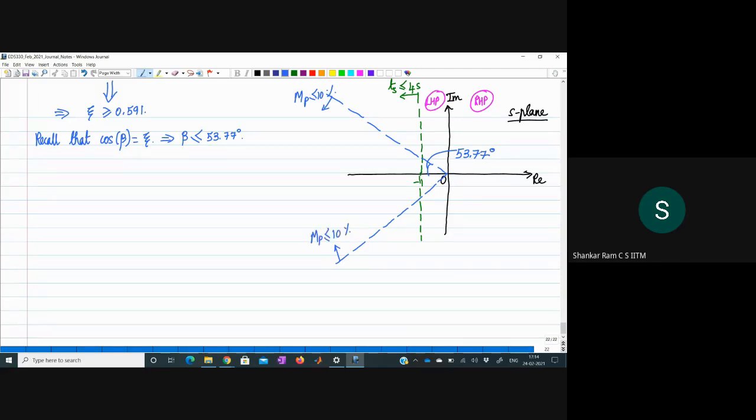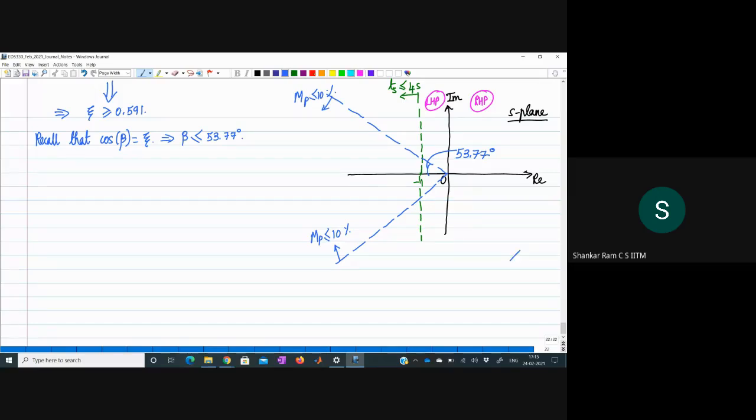I hope my point is clear, right? So essentially, we have converted the requirement on the peak overshoot into a conical region in the left of complex plane. So you slowly get the idea, right? For each performance specification, we are essentially deriving an equivalent subregion in the left of complex plane.